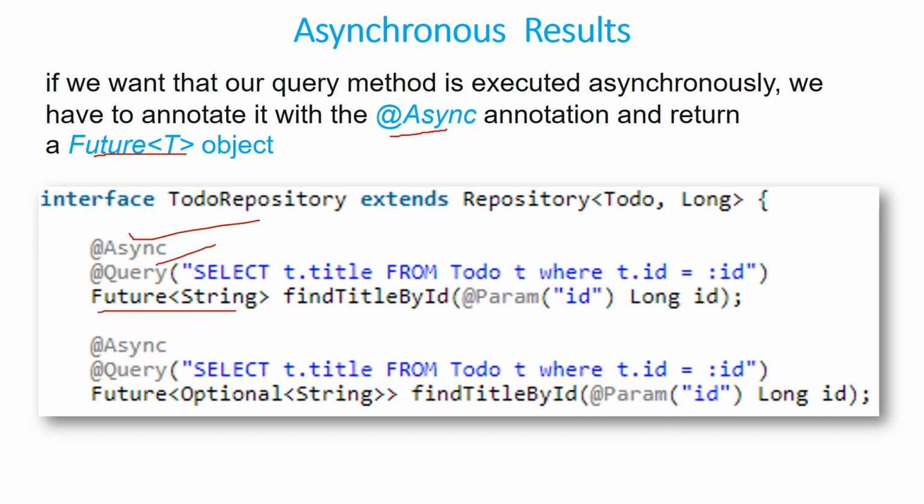You can find the results asynchronously. We use asynchronous results when we are not sure about the results, then you use asynchronous results query methods.